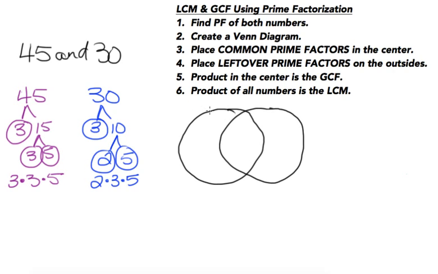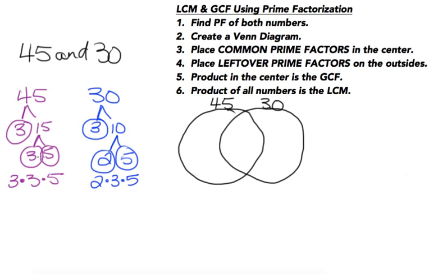If this is the number 45 and this is the number 30, everything in the center of the Venn diagram is what they both share, and everything on the outside is what they don't share. Let's see what prime factors they do share.